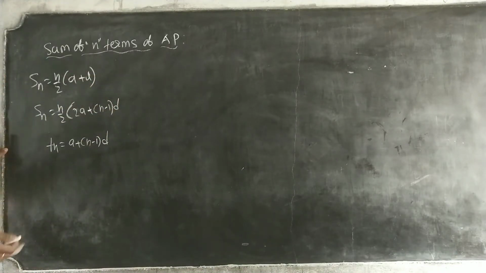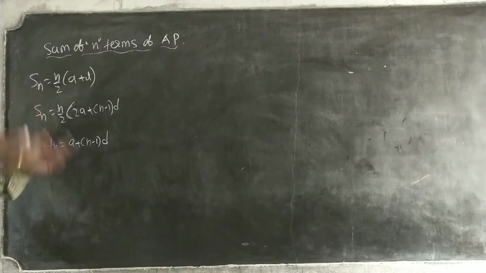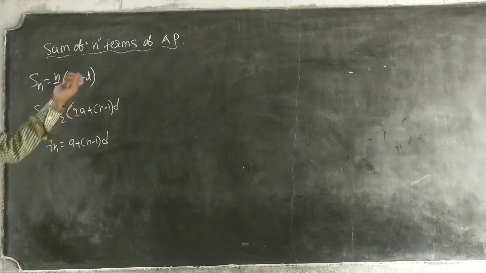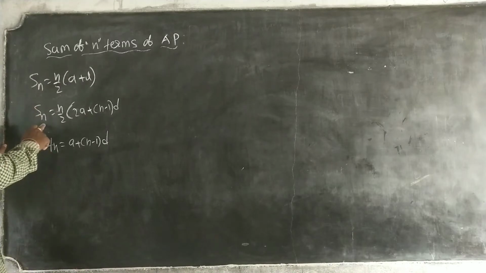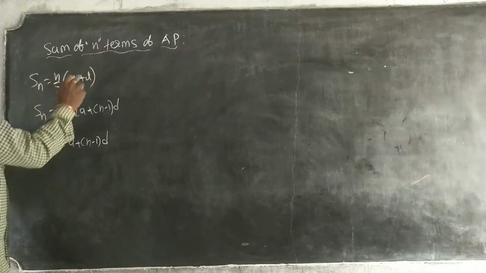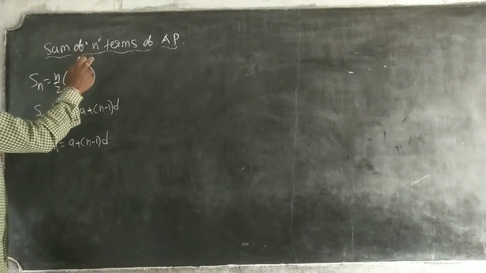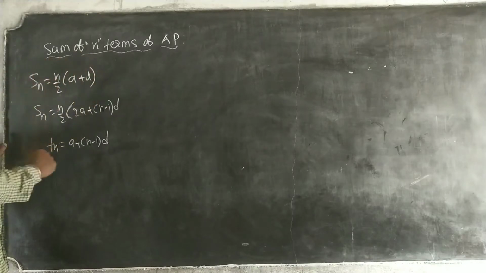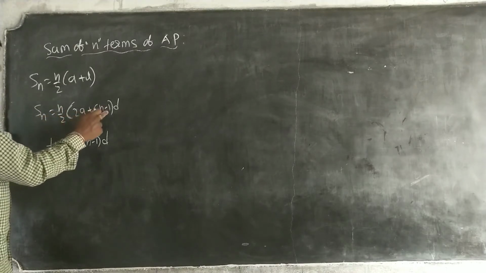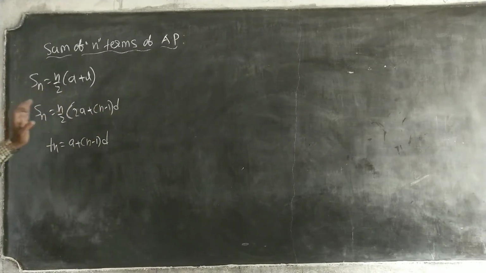Sn means sum of n terms, whether the first 10 terms or 20 terms or 100 terms or 1000 terms he is asking. At that time we are using this principle. This is one formula, this is another formula. If we know the last term, we use this formula. If we don't know the last term, we use this: n by 2 into 2a plus n minus 1 into d.